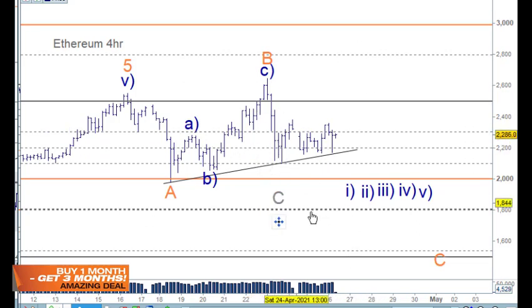Now, I do have 5 waves coming down from this top here. So it is possible to look at that as completed there.